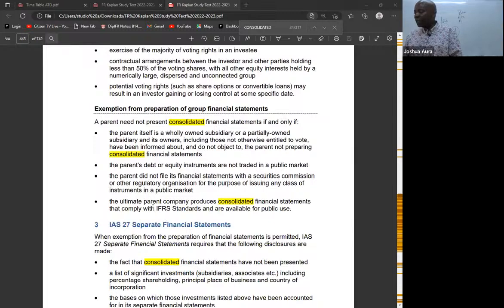We're almost finishing this. We are told about the exemption from preparation of group financials. Who is exempted? You could have a subsidiary, but in some cases we shall exempt you. A parent need not present consolidated financial statements if and only if, number one, the parent itself is a wholly owned subsidiary or a partially owned subsidiary, and its owners, including those not otherwise entitled to vote, have been informed about and do not object to the parent not preparing consolidated statements.